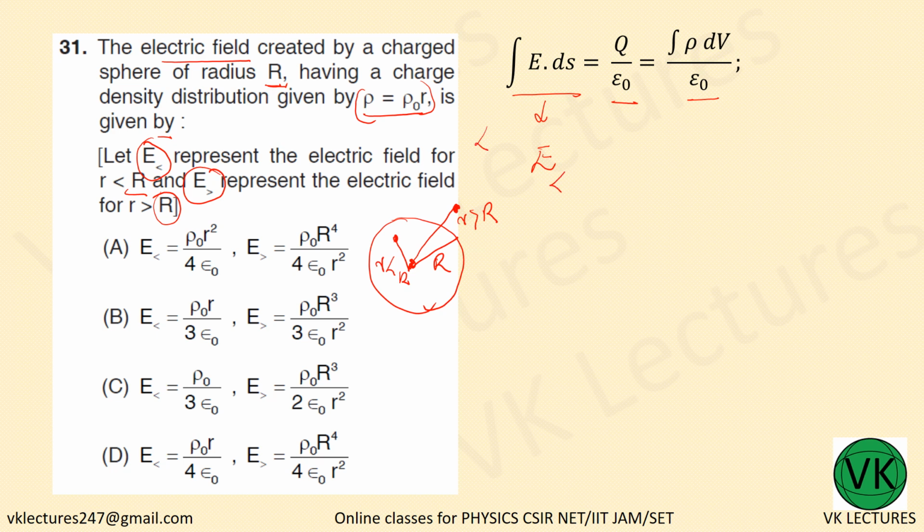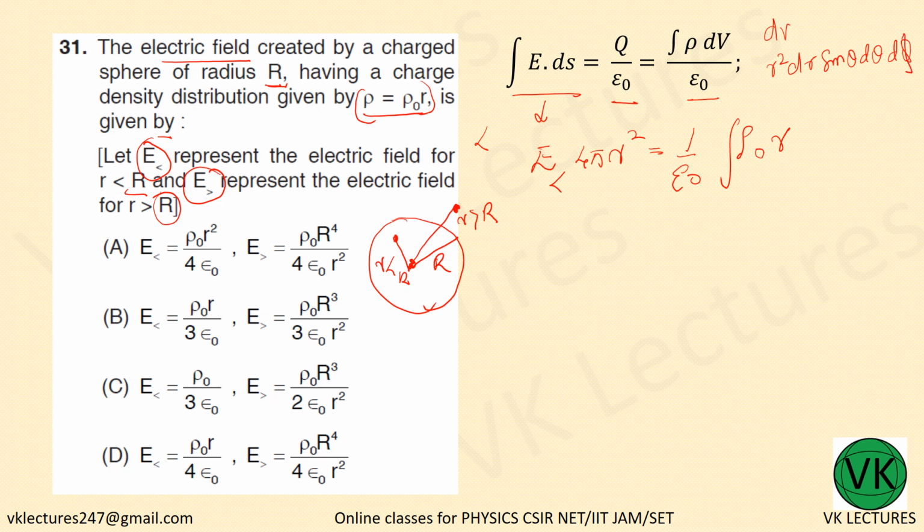So E less into 4 pi r squared is equal to 1 by epsilon naught times integral rho dv. What is rho? Rho is rho naught times r into dv. In spherical polar coordinates, dv is equal to r squared dr sin theta d theta d phi.